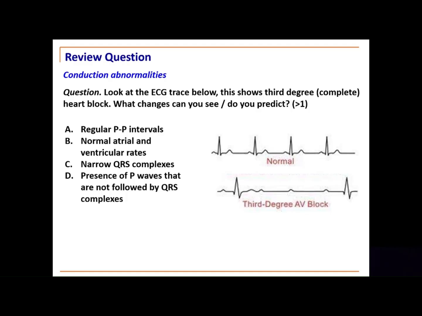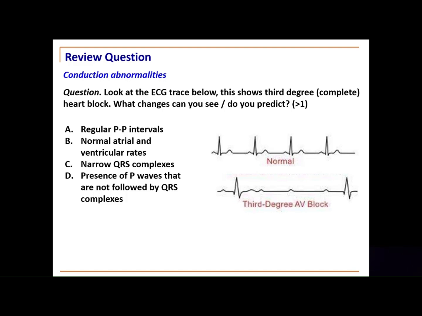So, last one, do we see the presence of P waves that are not followed by QRSs? So P wave, P wave, P wave. There's no QRS coming after these at the appropriate place. So that is correct. The P waves are not always followed by QRS complexes. In fact, they're never followed in coordination with QRS complexes.